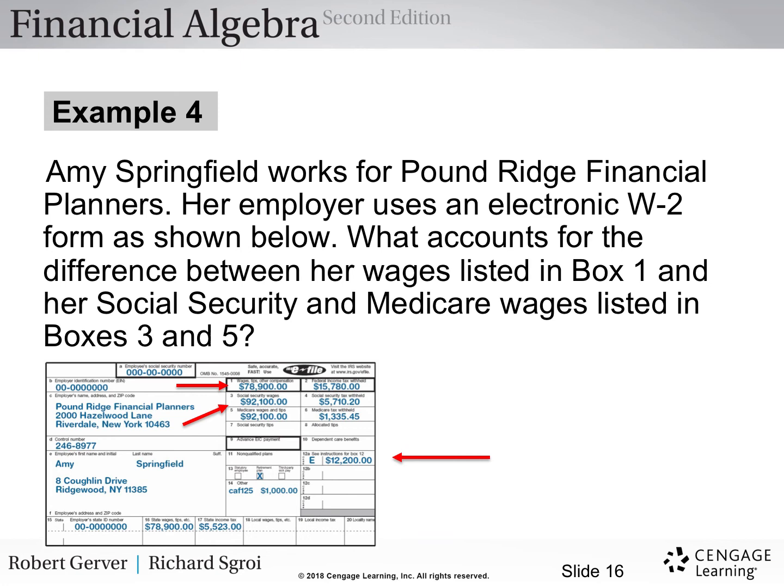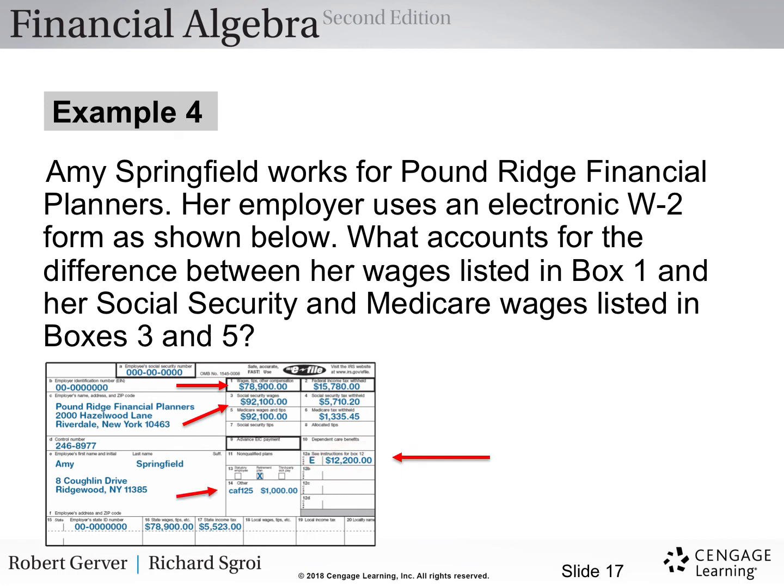Well, if you look down here in box 12, you see this figure of $12,200, okay? Now, this is what is deducted from the Social Security wages to end up with the actual wages, okay? So you're not taxed on this amount. You subtract that from your gross pay or your Social Security wages, and you come up with the wages, taxes, and other compensation.